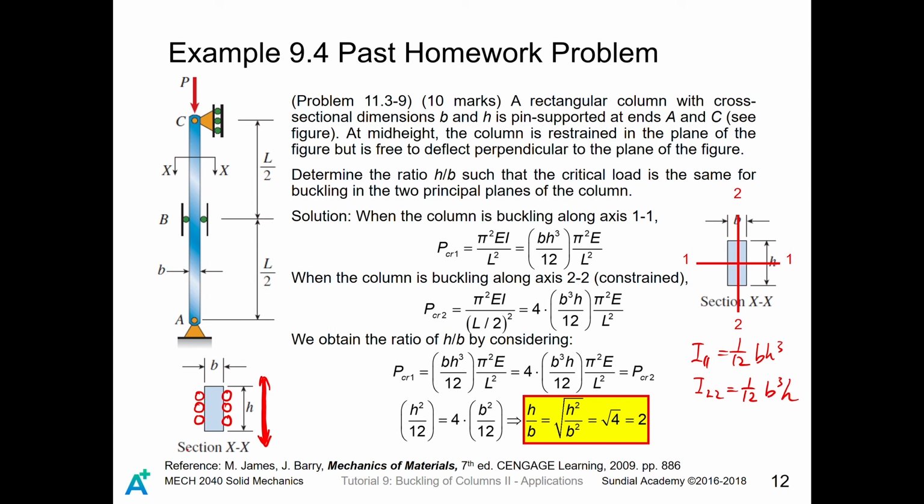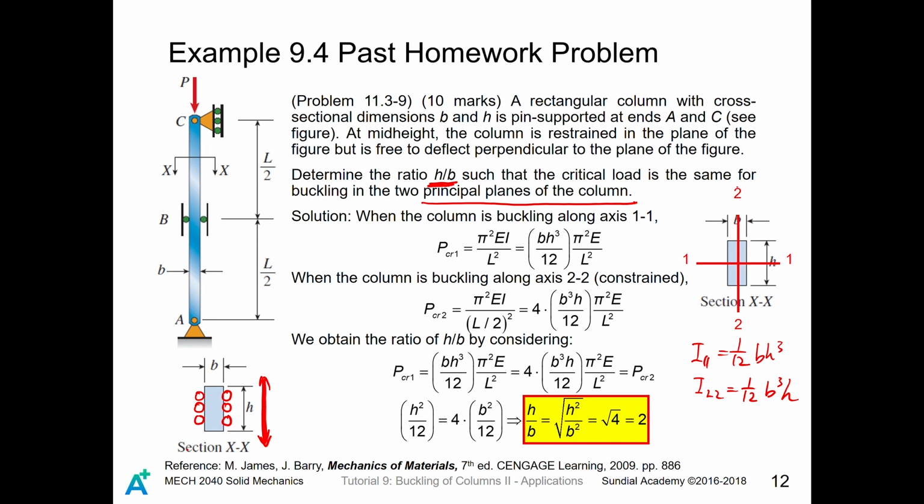So the question is: determine the ratio H divided by B such that the critical load is the same for buckling in the two principal planes of this column. The meaning is that if we want this column to buckle along axis 1, 1, then there is no constraint, and there will be a critical load.